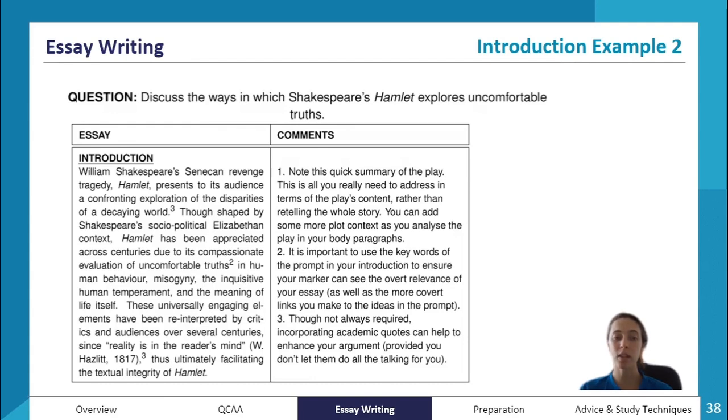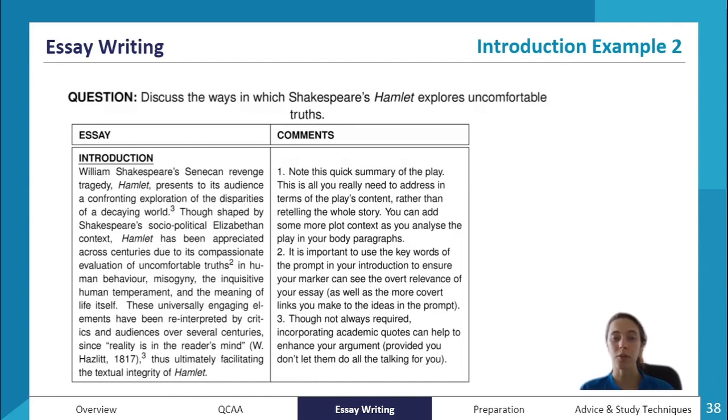It's not always necessary to provide lots of exploration, but in this case, it has been deemed necessary by the writer. And these universally engaging elements have been reinterpreted by critics and audiences over several centuries, since reality is in the reader's mind, thus ultimately facilitating the textual integrity of Hamlet.